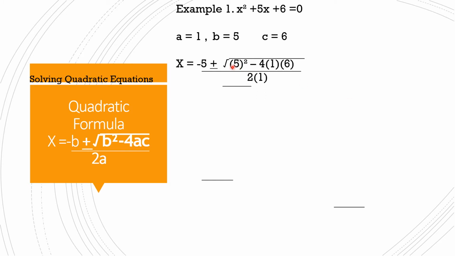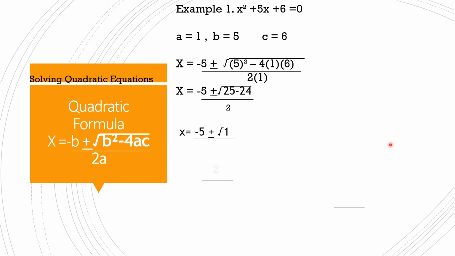And then we can simplify first the expression or numbers under the radical sign. 5 squared, that is 25, and 4 times 6 is 24. Just copy the minus sign. All over 2. Next is to simplify again, or subtract this 25 minus 24, and that is 1.